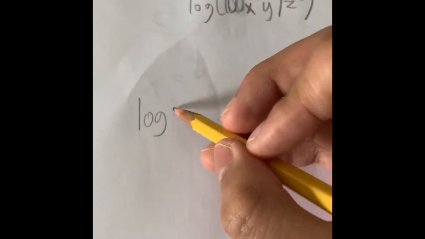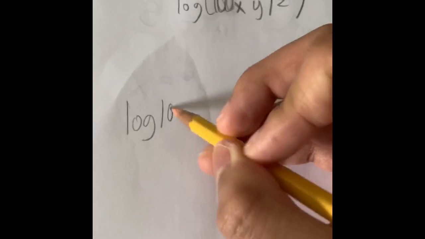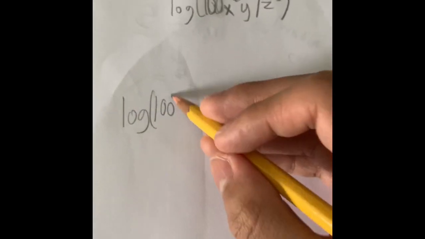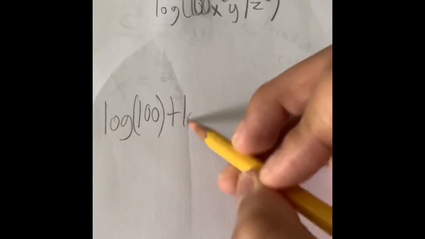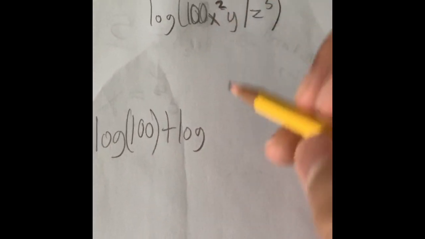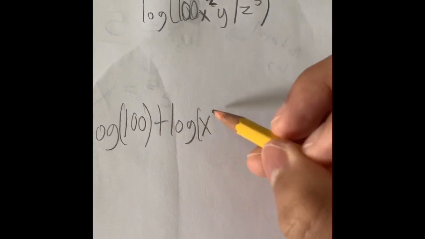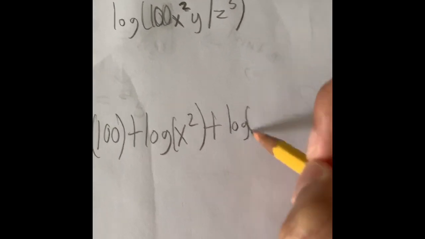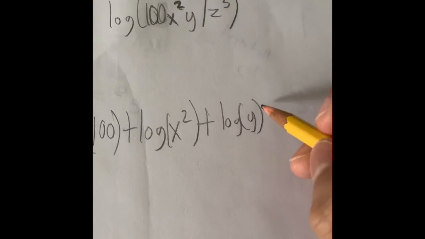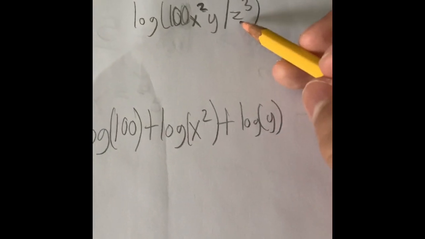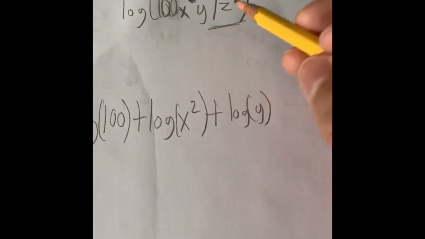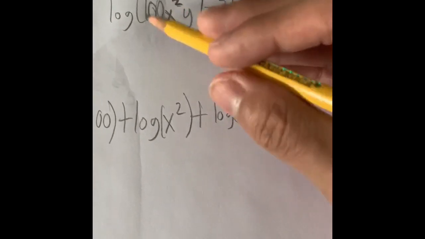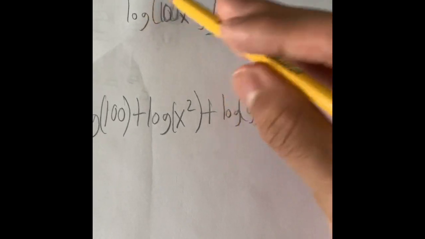So log 100 plus log x squared plus log y. And then we can worry about this division later, because you have to subtract this whole thing. We'll work it later because it's all one bunch.